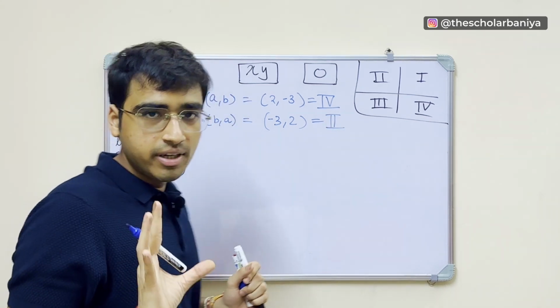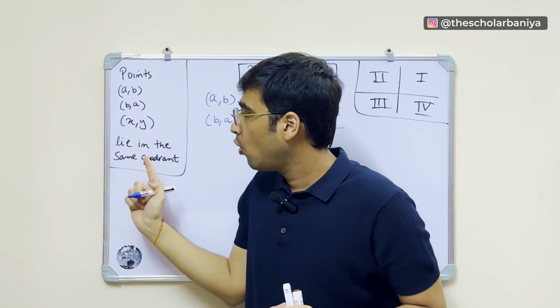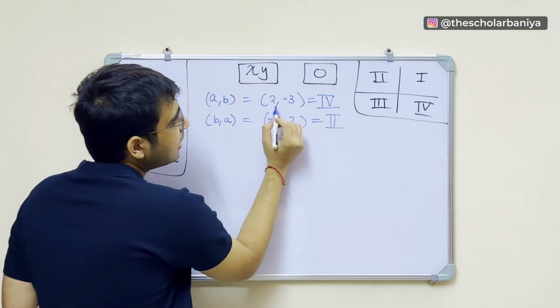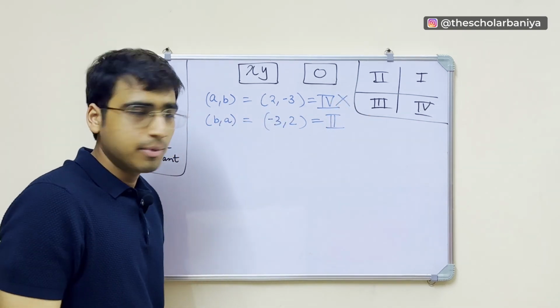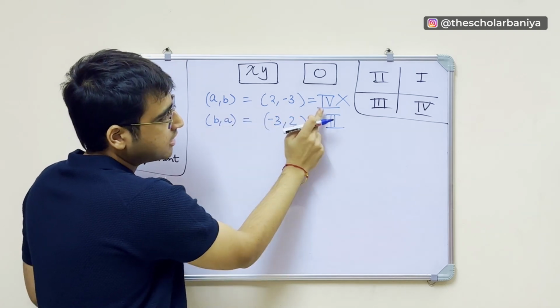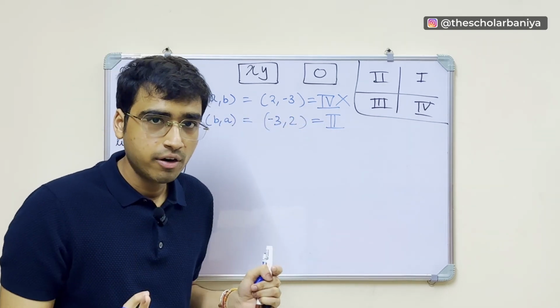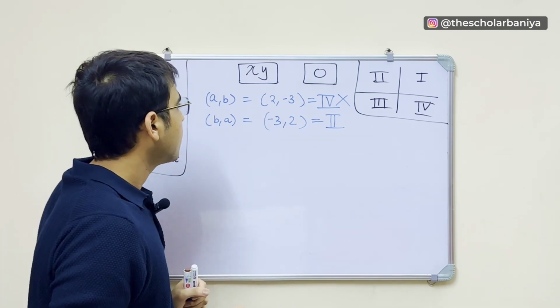But we are given in the question that (a, b) and (b, a) both lie in the same quadrant, right? This means that this value of (a, b) is not possible, because (a, b) lies in the fourth quadrant and (b, a) lies in the second quadrant, which are different quadrants, but it is given that they should lie in the same quadrant, right?